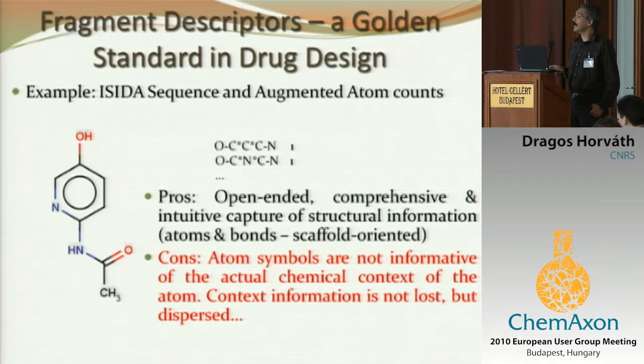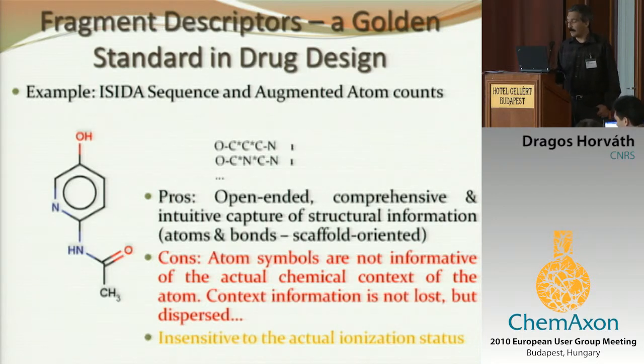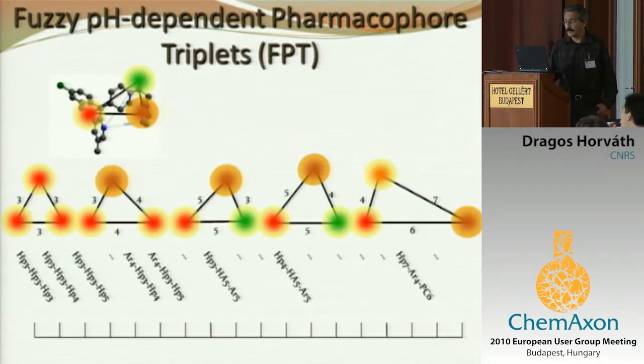It's an amide N. Nobody tells us this. Well, not actually true, because you could infer this is an amide N by looking at other sequences. I didn't count all of them, but the actual context information is dispersed between different fragments. The other problem is that they don't really care for ionization status and other more subtle things.